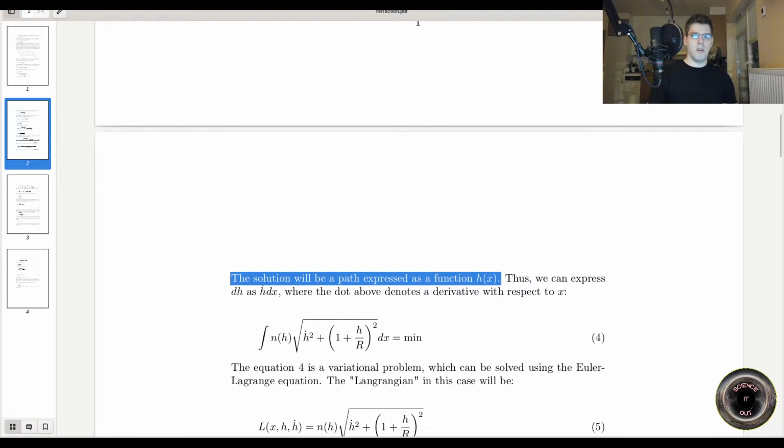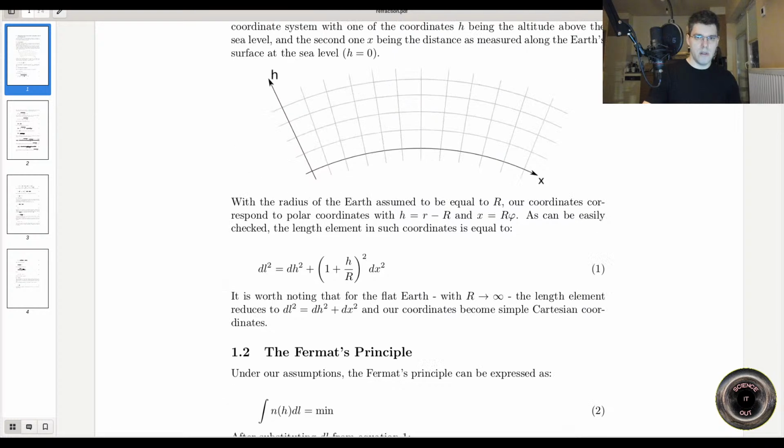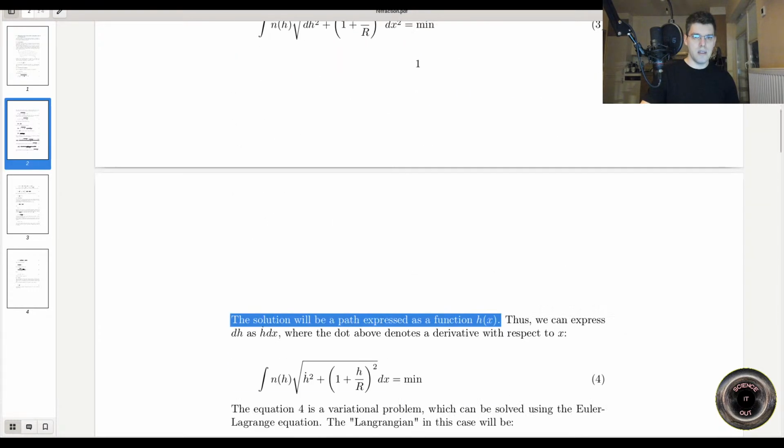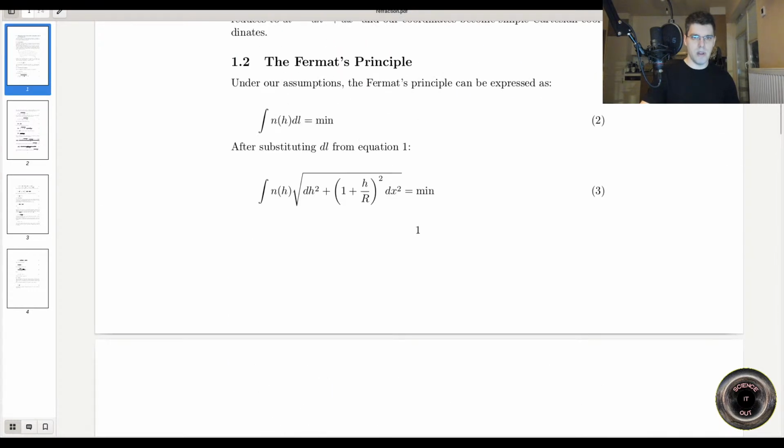We're looking for a function h of x, which, if we draw it in this coordinate space, will represent the path of our light ray, and we're looking for such a function that the variation of this integral, which we will now be manipulating, is 0, or this integral is a minimum.